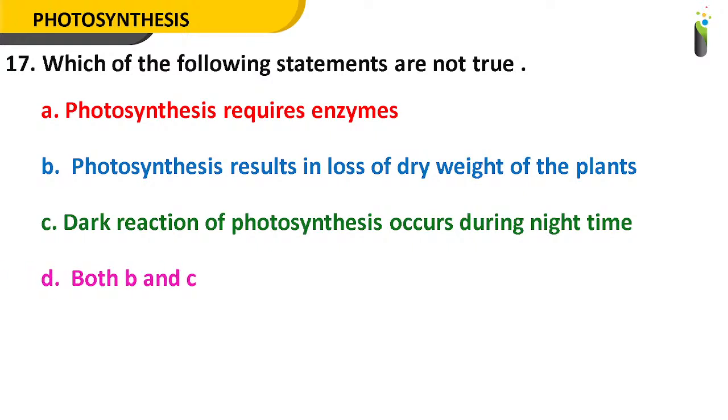D. Both B and C. So what should be the answer for question number 17? The perfect answer for question number 17 is D. Both B and C.